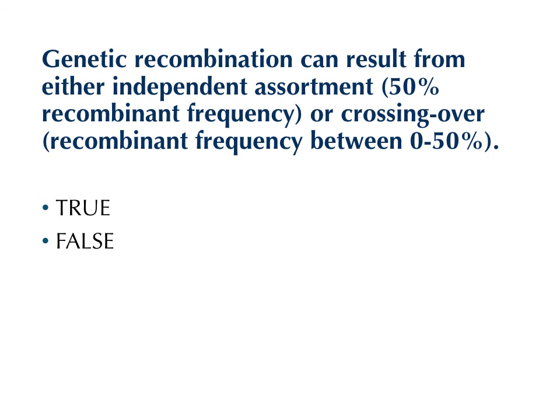True or false? And this is true. Genetic recombination results from the independent assortment of the chromosomes. We saw that, 2 raised to the 23, or by the recombination occurring through crossing over events.